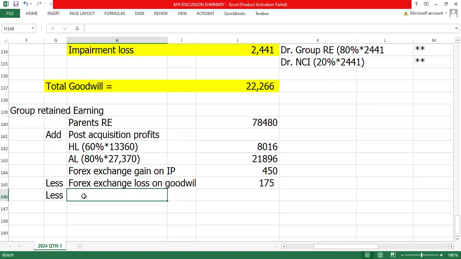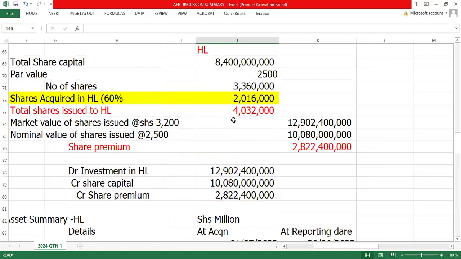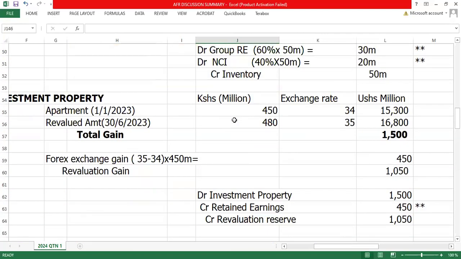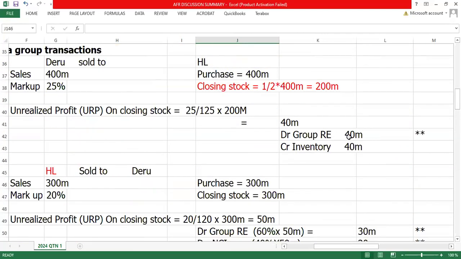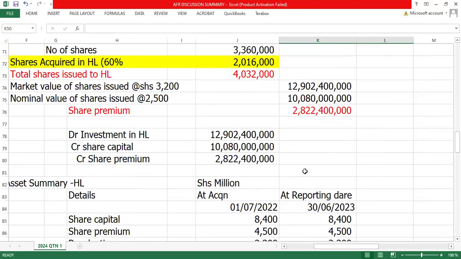We eliminate the intragroup and realize the profit on closing stock. We are eliminating it. It was how much? The first one was 40. You add and give me the total. Get this one. 40 plus 30. This one. 70. That is 70.